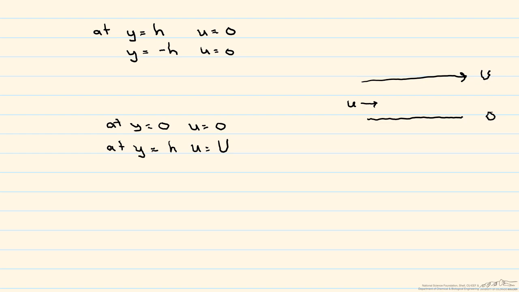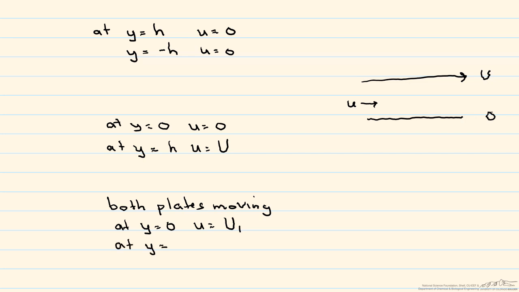And so here, with both plates moving, and we'll assume that they're moving at different speeds from each other, at y equals 0, our u is equal to some constant u1, and then at y equals h, our u is equal to some constant u2.